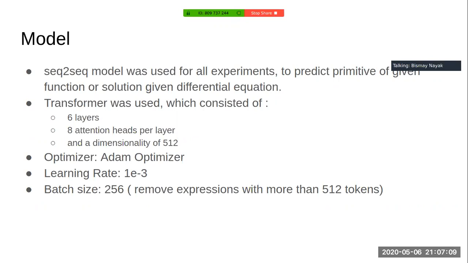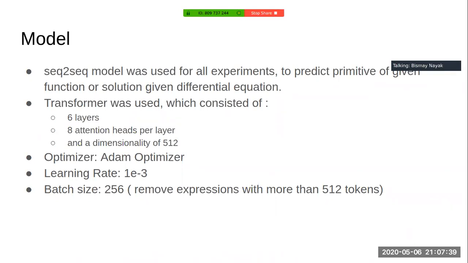For those who don't know what a sequence to sequence model is, it simply takes a sequence of tokens as input and outputs another sequence of tokens. It finds its application mostly in translation, where we need to translate a particular sentence in one language to another language. So the sequence to sequence model was used.